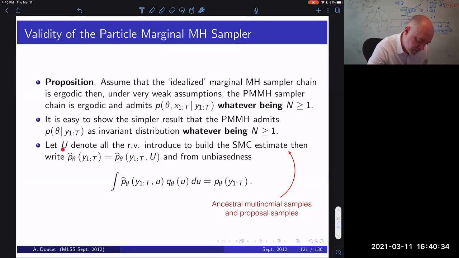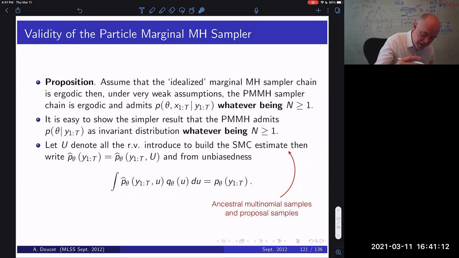If we let U be all those random variables that we use in constructing the SMC estimate, then an equivalent statement of the unbiasedness result for sequential Monte Carlo is that if you take an expectation over running sequential Monte Carlo over and over again, in other words, if you average over runs of sequential Monte Carlo, which means choosing the random variables many, many times from this Q, then this is a restatement of the unbiasedness condition.